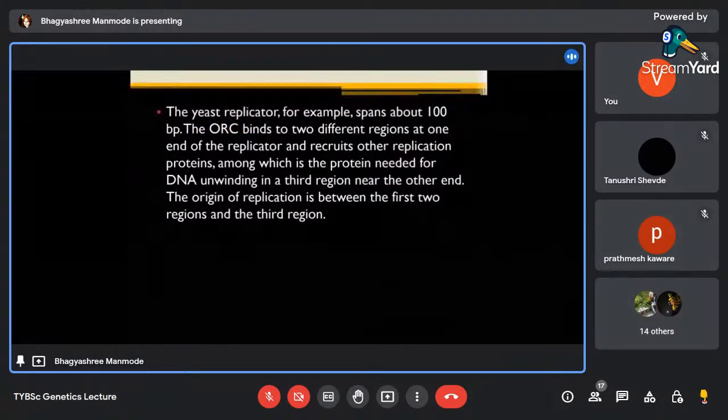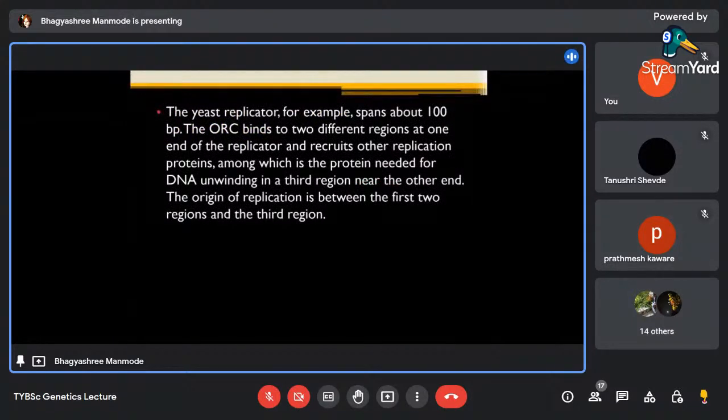The yeast replicator, for example, spans about 100 base pairs. The ORC binds to two different regions at one end of the replicator and recruits other replication proteins, among which is the protein needed for DNA unwinding in a third region near the other end. The origin of replication is between the first two regions and the third region.